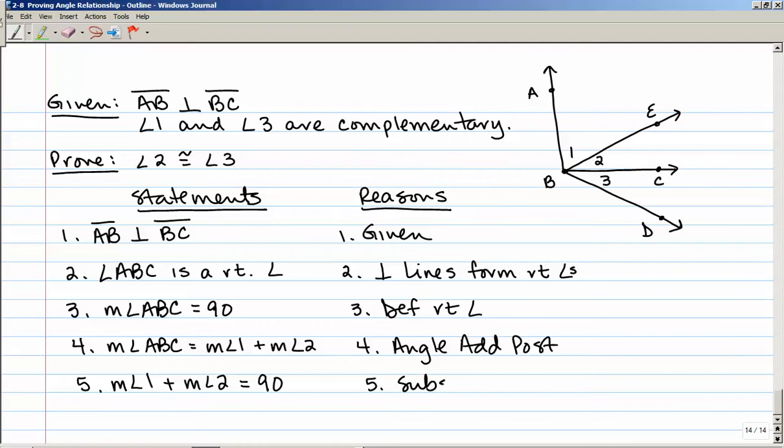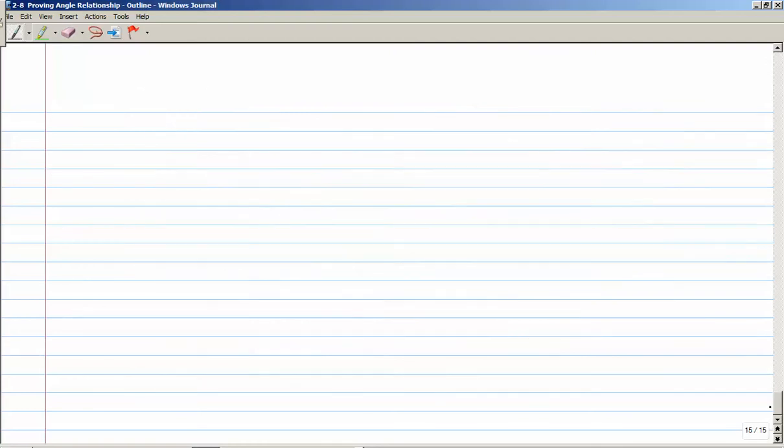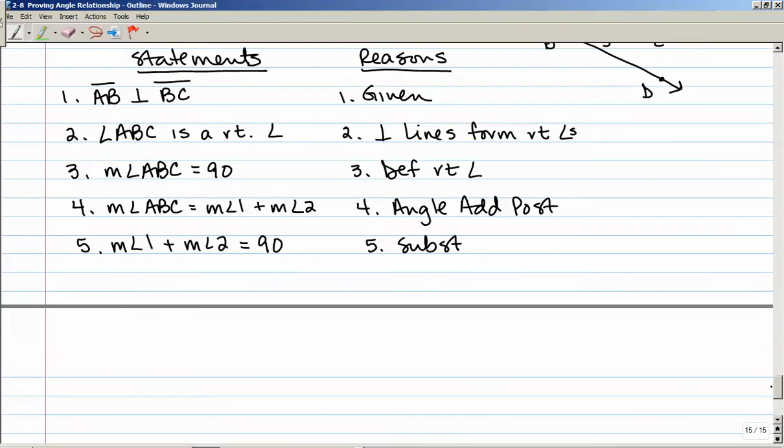And that's a substitution. Okay? So if angle 1 and angle 2 add up to 90, then angle 1 and angle 2 are complementary angles. And that's by the definition of complementary angles.